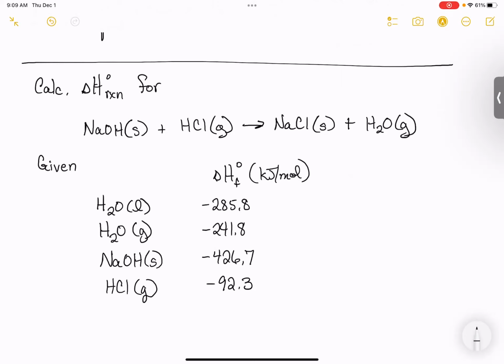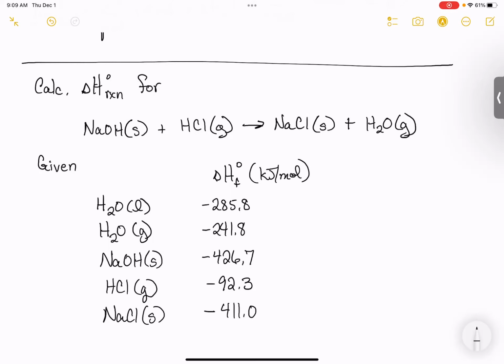And NaCl solid has a value of negative 411.0 kilojoules per mole.